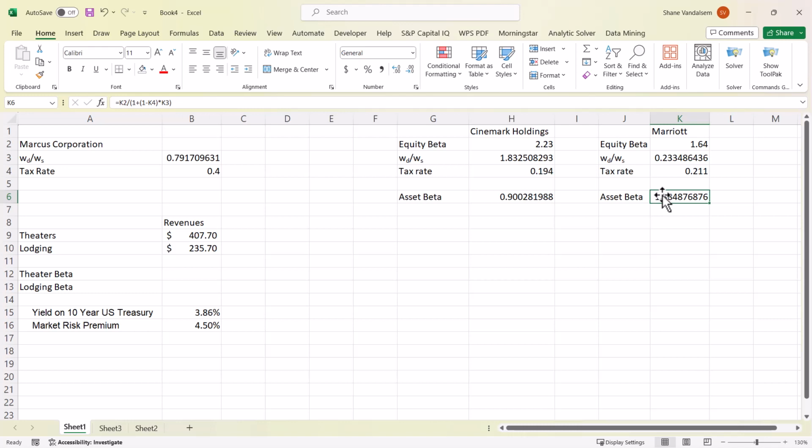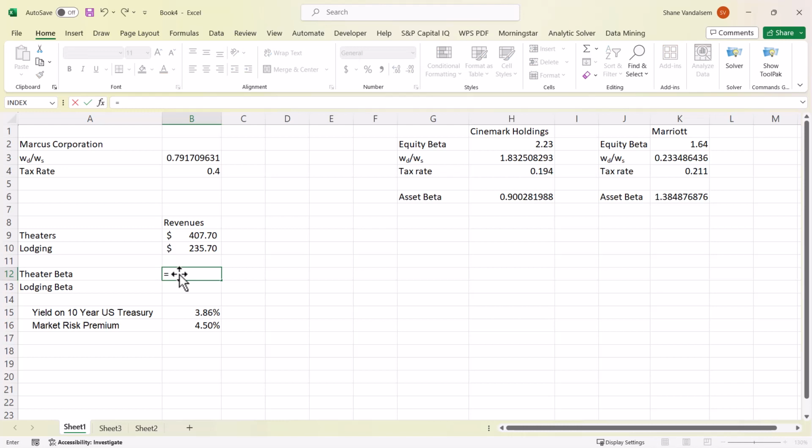So now we're going to go over to Marcus, and we're going to relever these two pure play betas for their theater and for their lodging. Okay. So I'm going to put it equals, and the asset beta for Cinemark. So again, what we're doing is we're relevering these. So instead of dividing, I'm multiplying, multiplied by 1 plus, and then open parentheses again, 1 minus the tax rate.